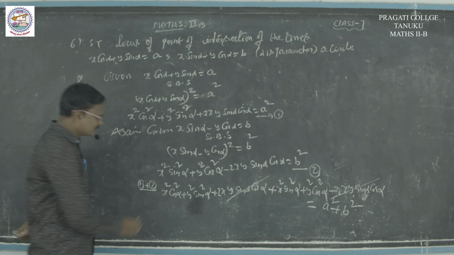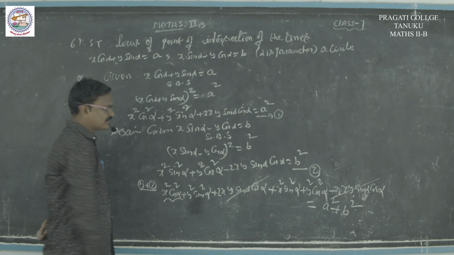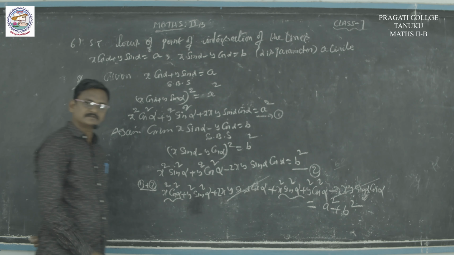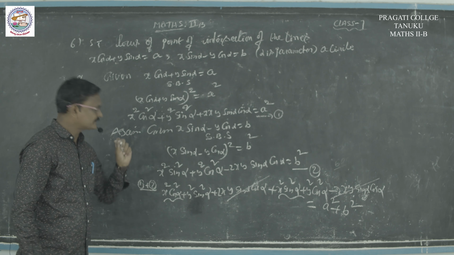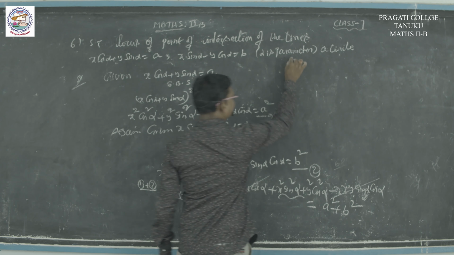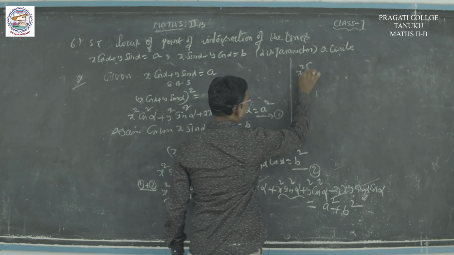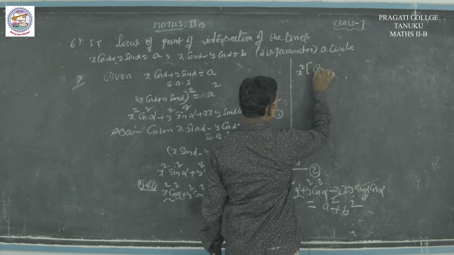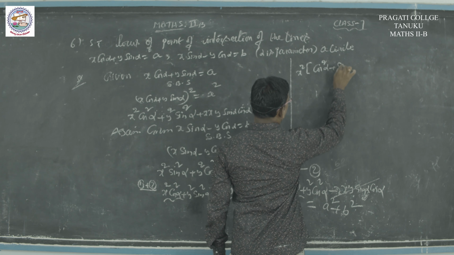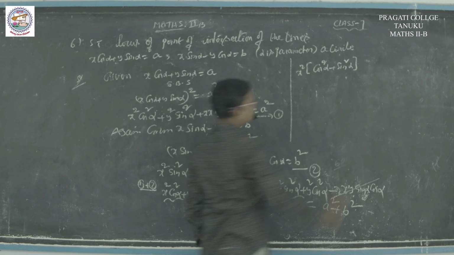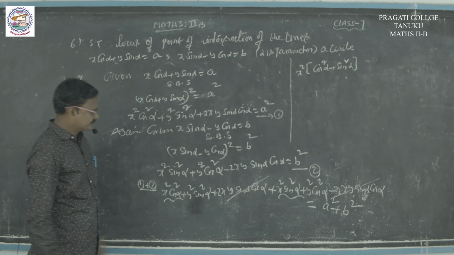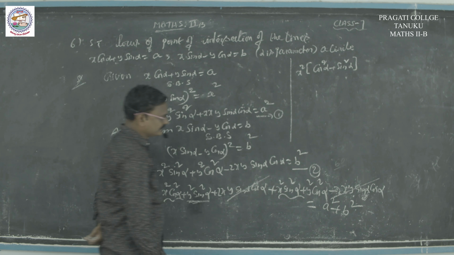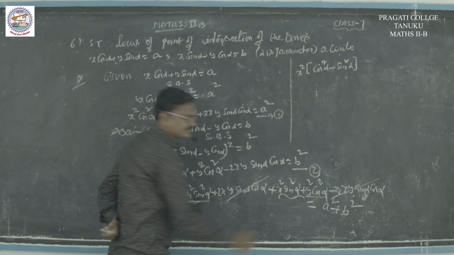Is it or not? Now the first one, x square cos square alpha, and here x square sin square alpha. From those two we can take x square as common. So when we take x square common, the remaining two terms are cos square alpha plus sin square alpha. Now what are the remaining terms? y square sin square alpha and y square cos square alpha.